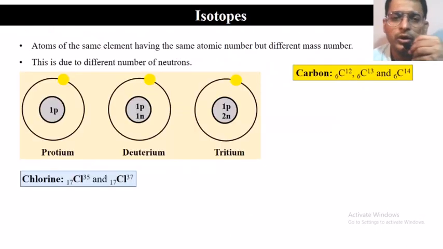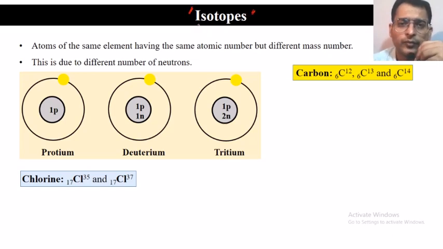Now we'll look at a very important concept, isotopes. What are isotopes? The atoms of the same element having the same atomic number but different mass number. For example, in the case of hydrogen, protium: atomic number and mass number both 1.